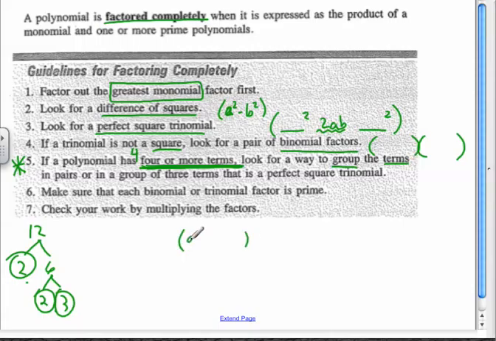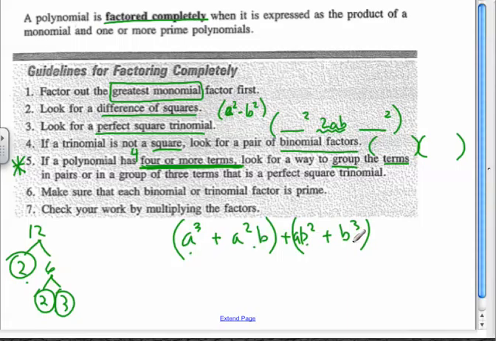Let's say if I had a cubed plus a squared b plus a b squared plus b cubed, something like that. Then I might want to group them into two terms like that, one here, one here, one here, one here.